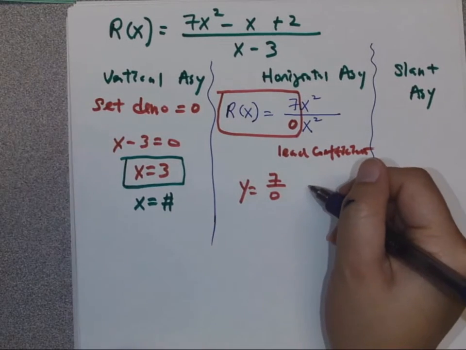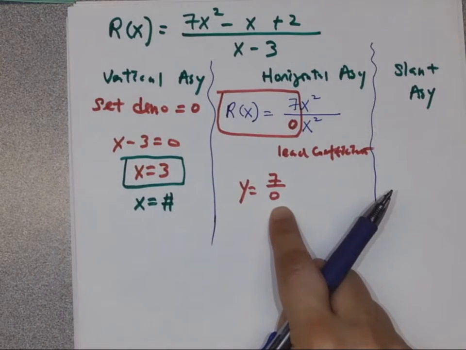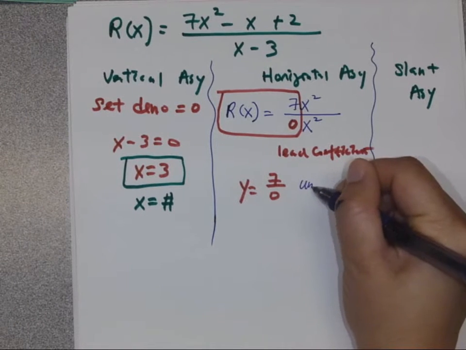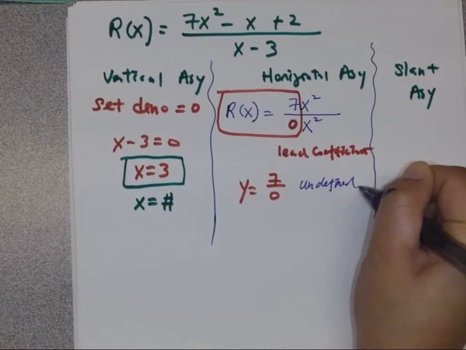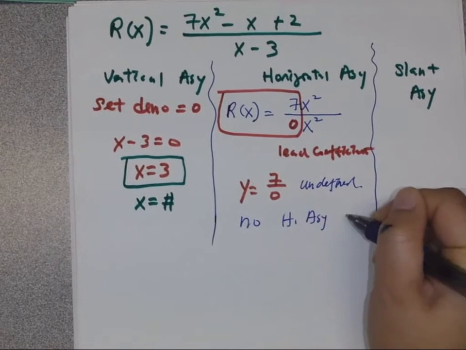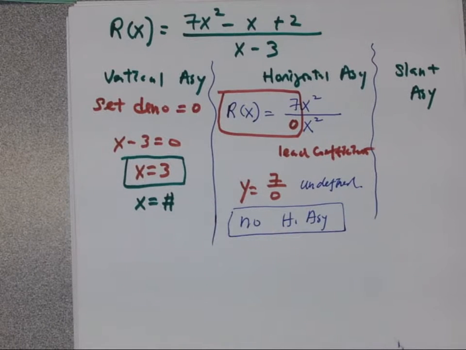When you have a 0 as denominator, that means not possible, undefined. So you have no horizontal asymptote, because this means 7 out of nothing, right? You cannot have something out of nothing.